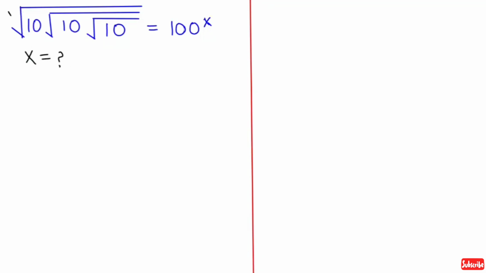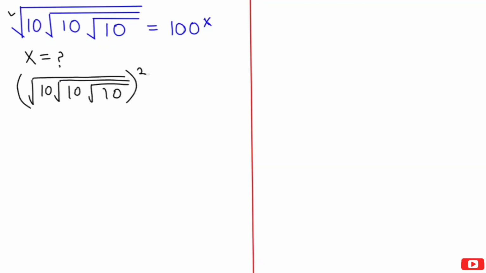Now first I want to remove this first root. So for that I am going to square both sides. Now here this square and this root get cancelled.